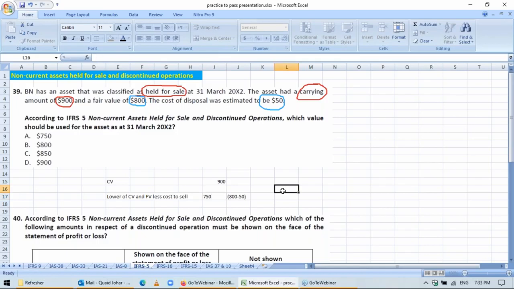So you have to reduce the asset and bring it down to 750. Which means the asset will be credited and the profit and loss account will be debited. So if you reduce from 900 to 750, right? The question asks which value should be used for the asset at 31st March 2002? The correct answer is A. 750 is the correct answer. And 150 will be charged to the profit and loss account.